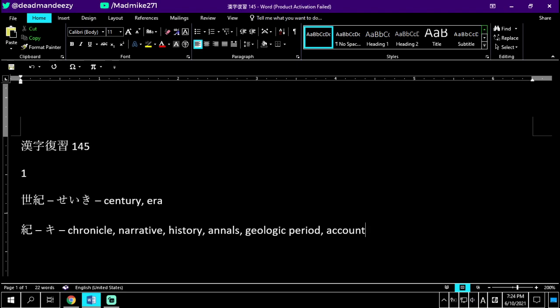I see this ki written a lot when it talks about chronicling something or telling the story of something. Like the winding road snake of ki no ki. Chronicle.